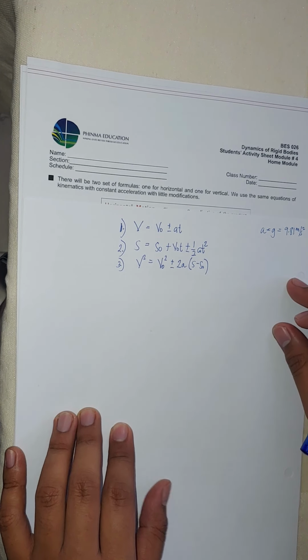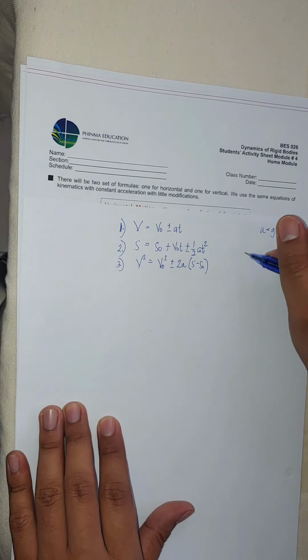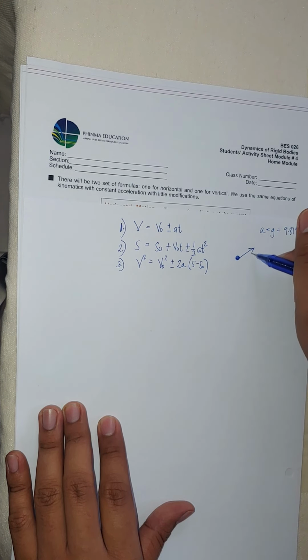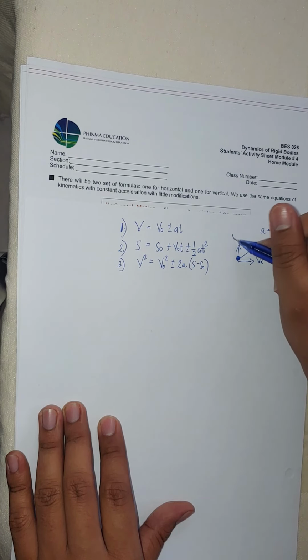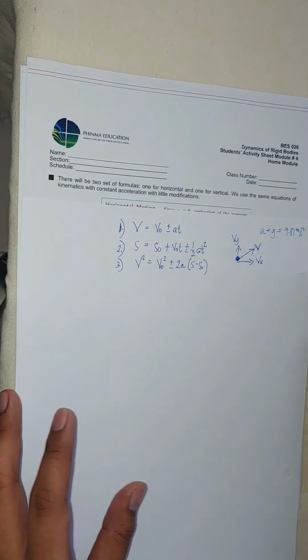Since we have two components in projectile motion, if this is the motion, and this is the velocity, then we have the velocity along x, the horizontal component, and the vertical component of the velocity we call vy.